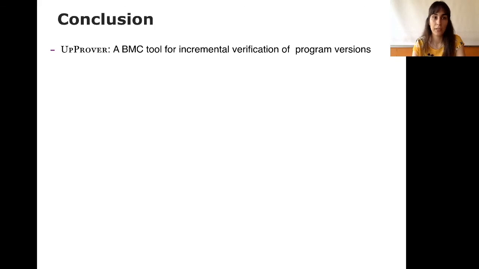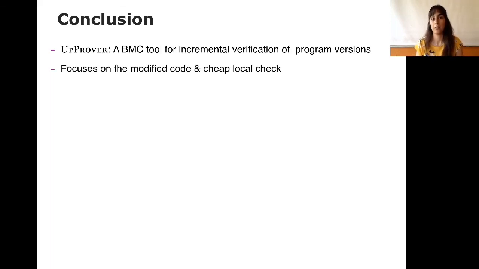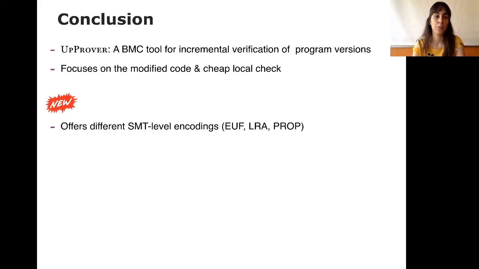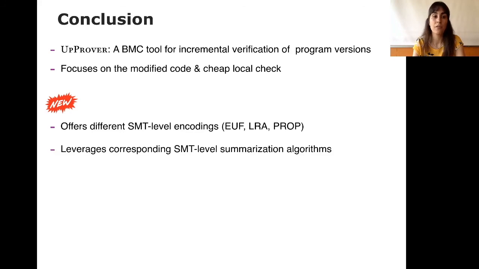As a conclusion, I introduced Approver, which is a BMC tool for incremental verification of C program versions. It only focuses on the modified code, and therefore it's a cheap local check. As for the new features of Approver, it offers different SMT encodings, such as EUF, LRA, and propositional, of course.